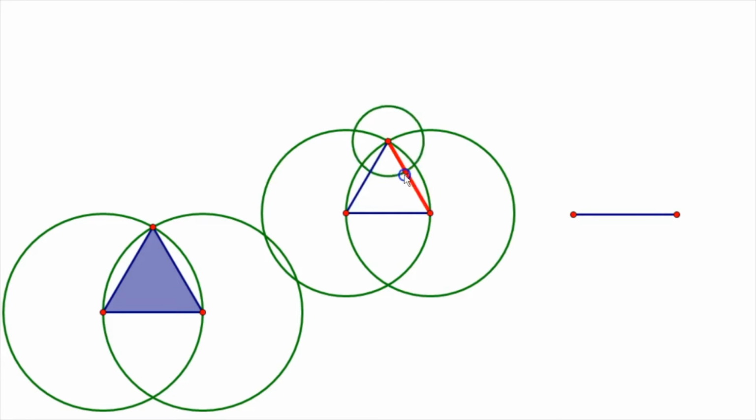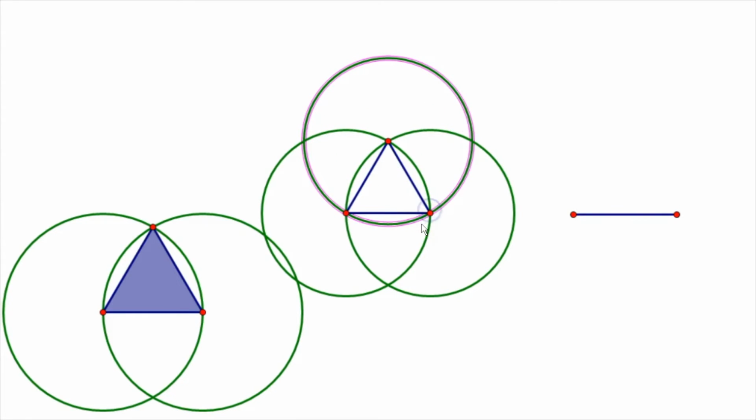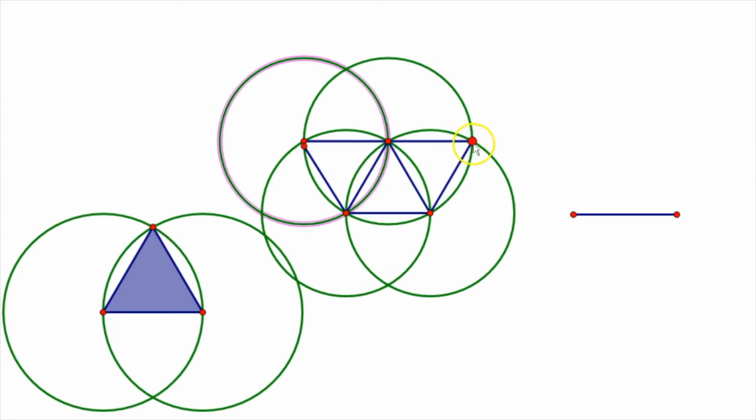So I'm going to make a circle from there too. And what you'll notice is I have created 2 more of my equilaterals, and I'm only halfway there. But do you see them? There they are. If I continue this process from here and then from here, I create the other key points.